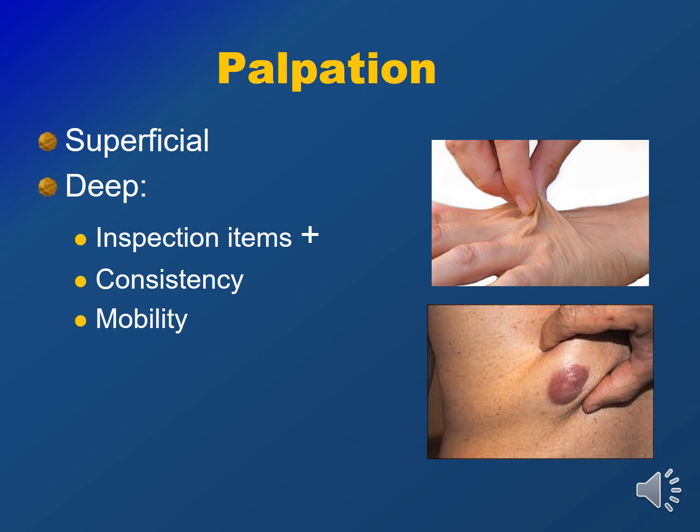First, the fixation of the swelling to the overlying skin by the pinch-up test. Second, the fixation of the swelling to deep structures, muscles and bone, by putting the muscle in contraction and repeating the movement to see if it's fixed or not. And lastly, whether the swelling is moving within the tissue it arises from, like the subcutaneous tissue, or not.